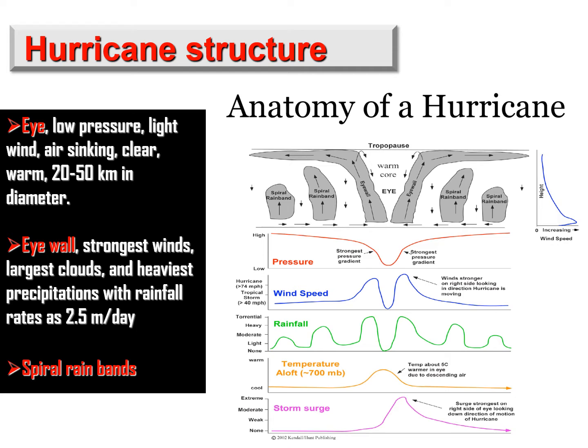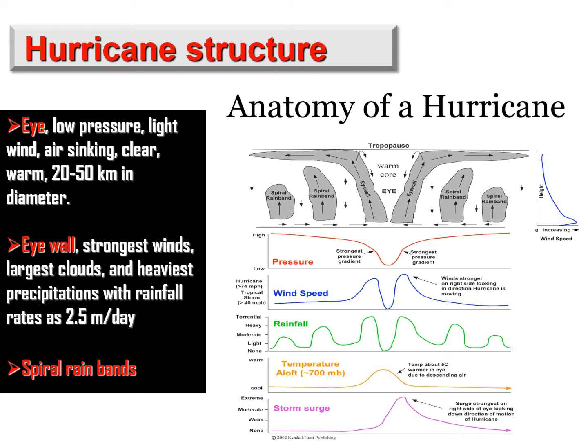So that's a clear sky. You can see the sunshine, almost no wind. How large is the eye? It's about 20 to 50 kilometers, just like New York City. That's the eye of a hurricane.